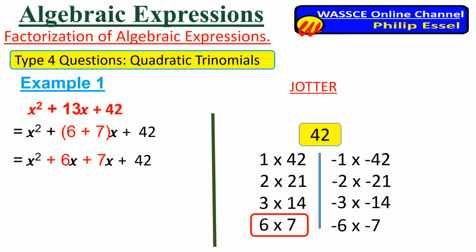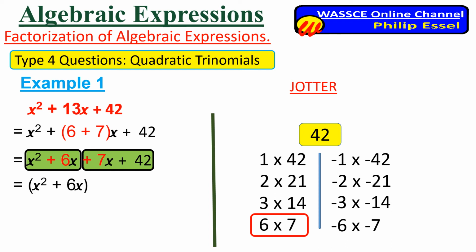At this point, we can factorize this expression. So first, we would divide this 4-term expression into 2 main parts. The first part is our x squared plus 6x.